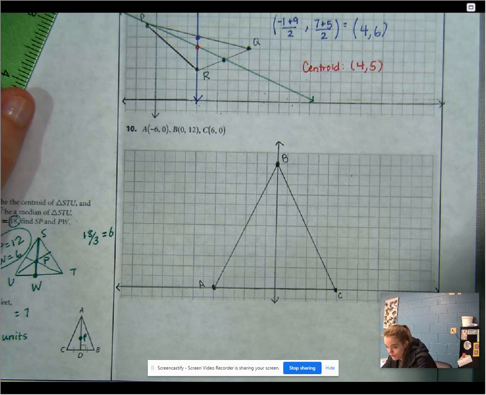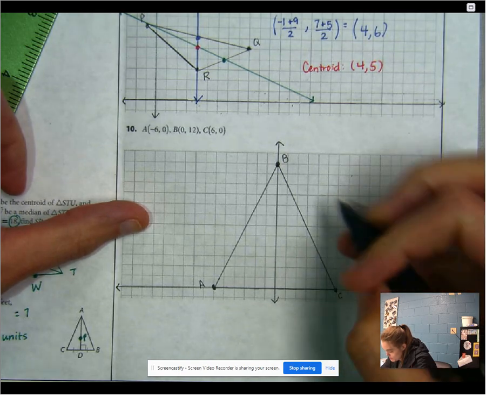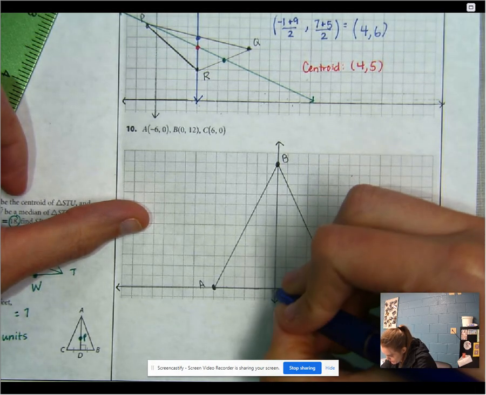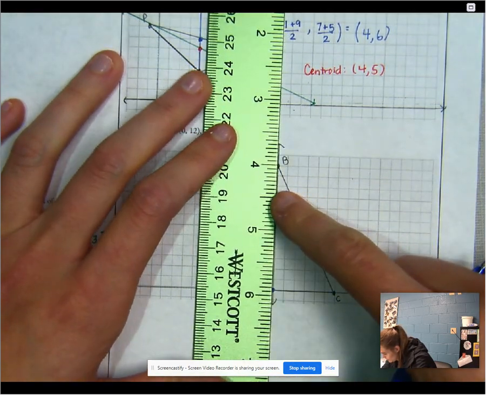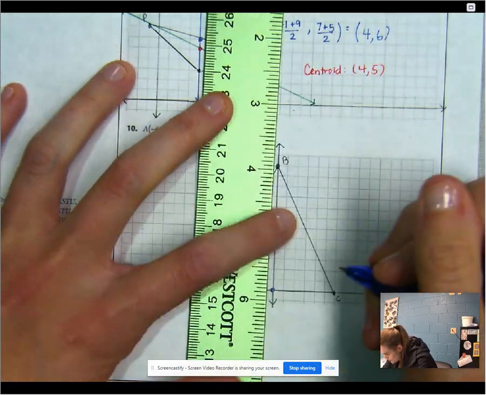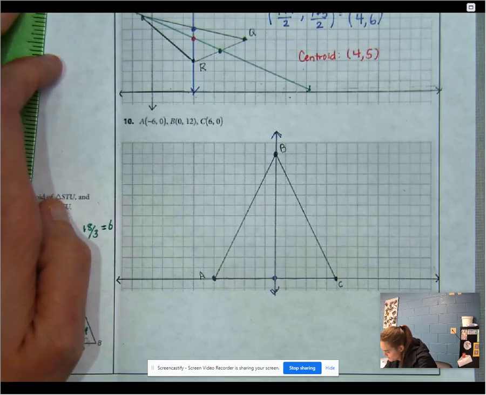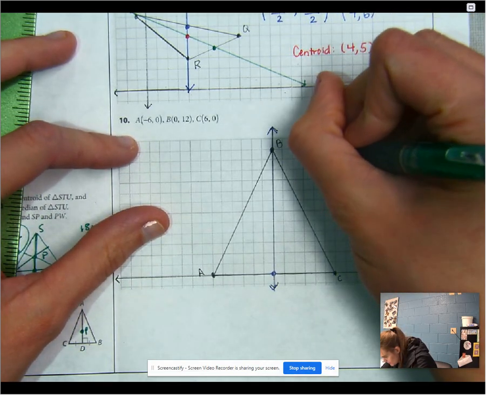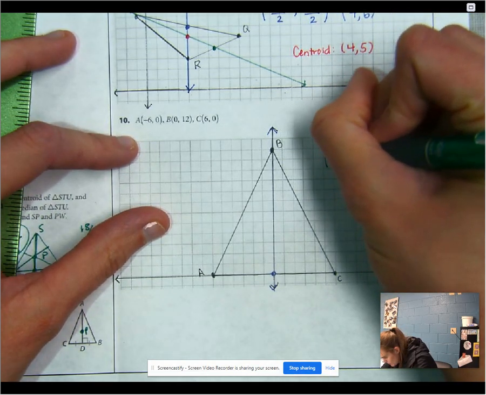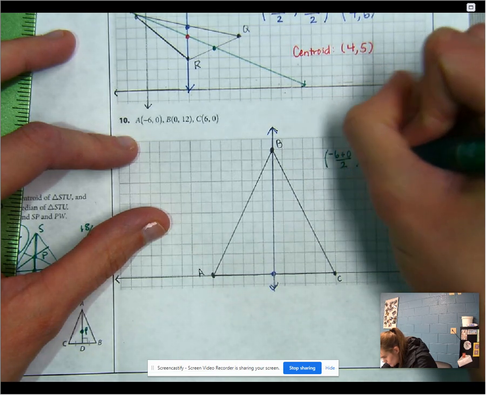Now I will tell you AC, by the way, since this is 6 and 6, the midpoint's right here on the origin, so I'm not even going to actually calculate it. And then draw it up to B. Okay, there's one of them already. So let's find the other one now. Let's find the midpoint of AB. That is (-6 plus 0) over 2, and (0 plus 12) over 2.